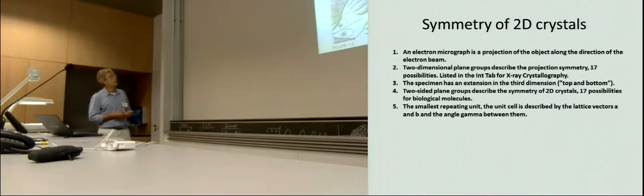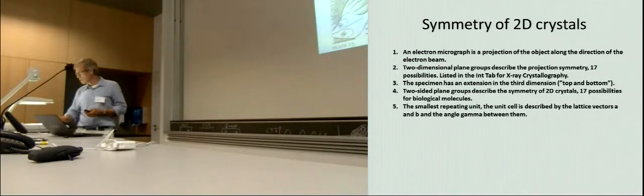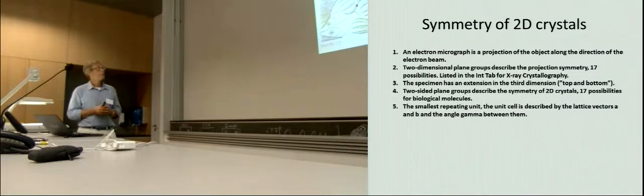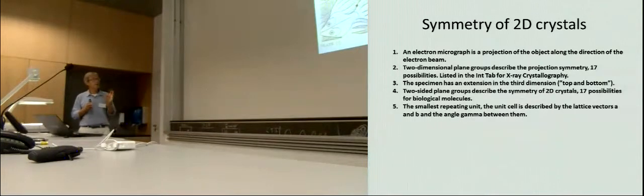So this glide line also in the other direction. So when crystals have symmetry, then parts of the unit cells are related.